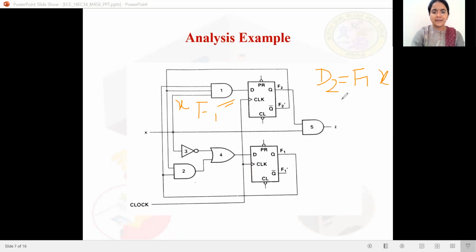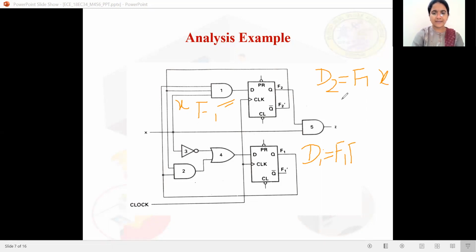Now, what is the input for the D1 flip-flop? For the D1 flip-flop, we have three gates here: an OR gate, an AND gate, and a NOT gate. What are the inputs to this AND gate? One input is from F1, and another input is from the second flip-flop, F2 bar.